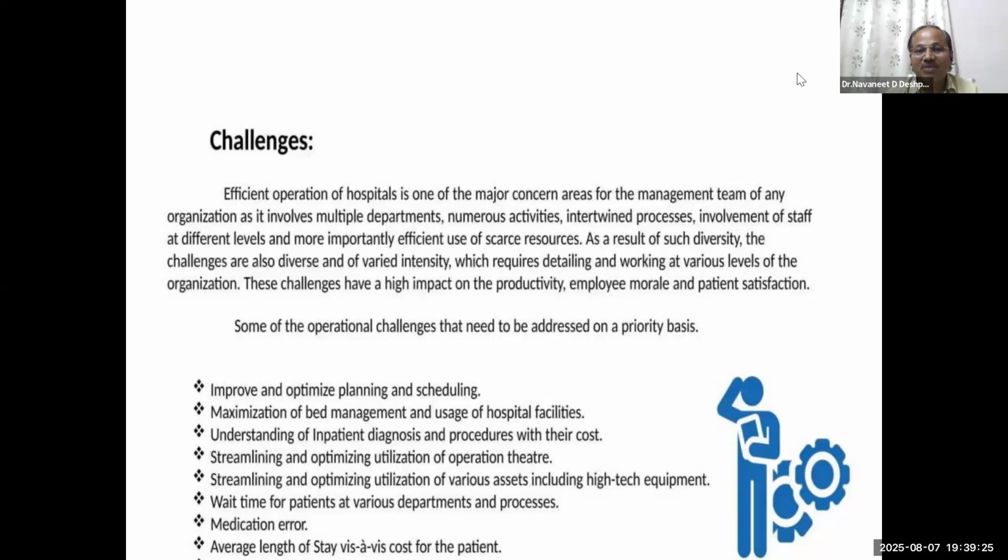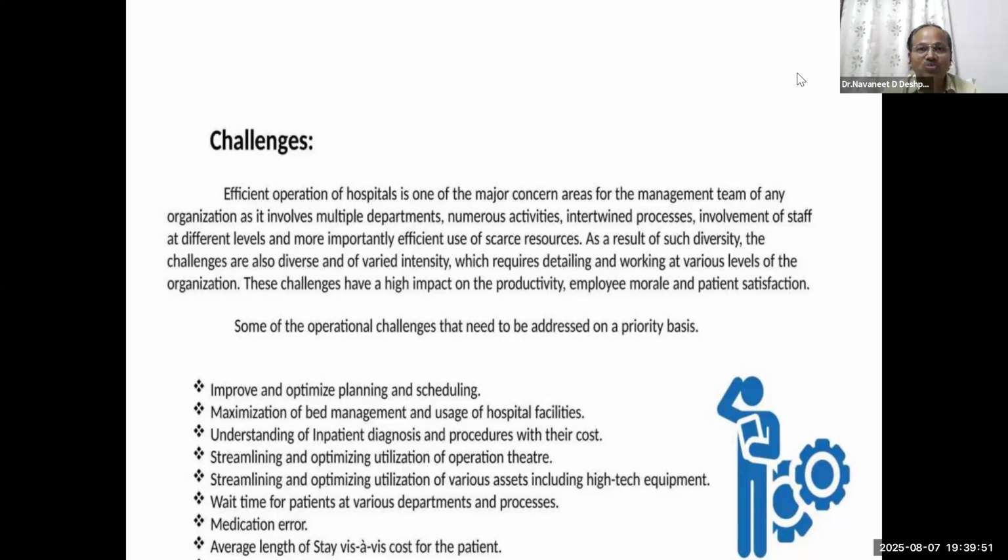Next, streamlining and optimizing utilization at the operational theater. So before any operation has to take place, people have to coordinate along with the doctors, the nurses, and the assistants in order to know what all is required, what type of pharmacy purchases and additional things, and how much of insurance is covering.